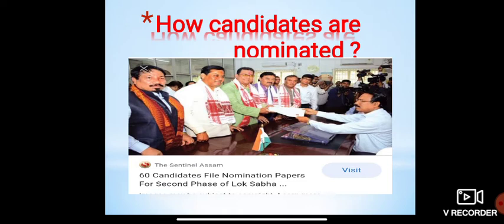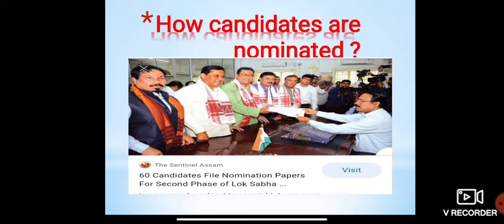After the result is declared, he can join the majority or ruling party, and they can collaborate and form the government. So that is how candidates are nominated: through issuing a party ticket, and through independent candidacy.